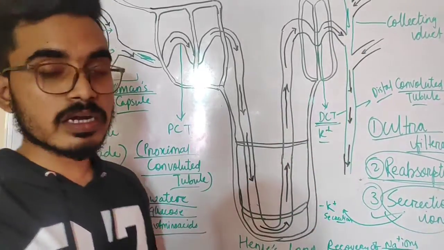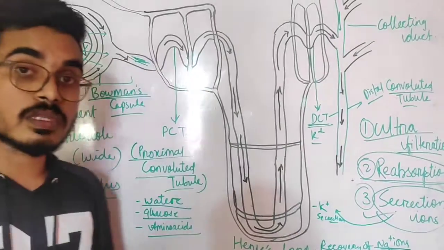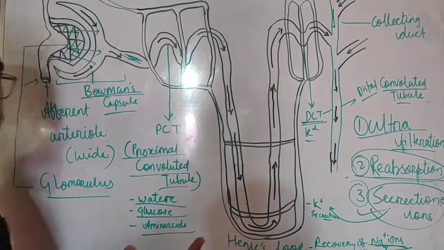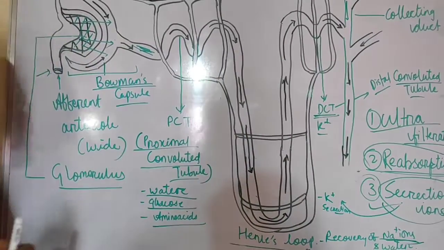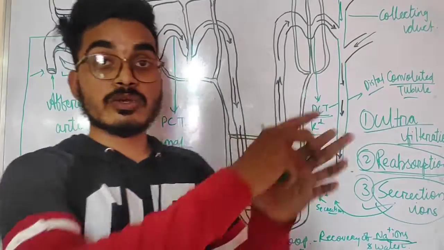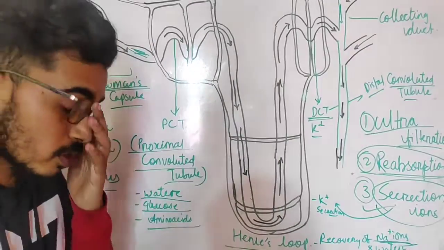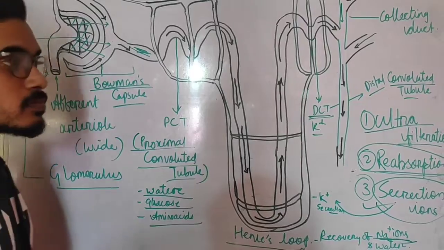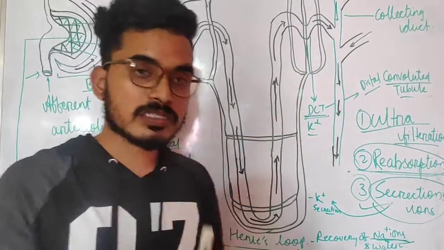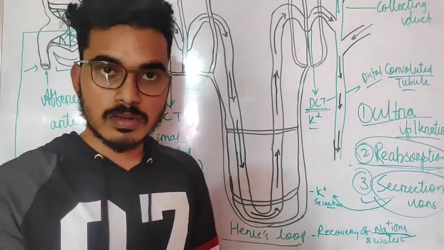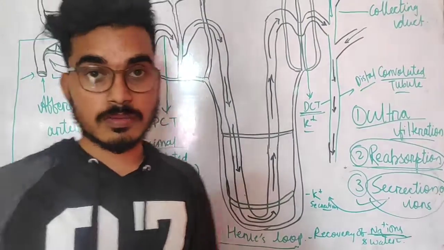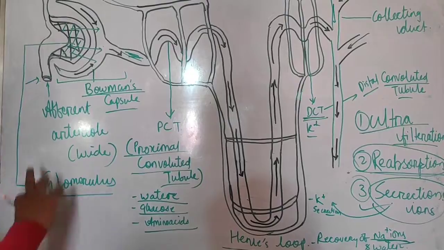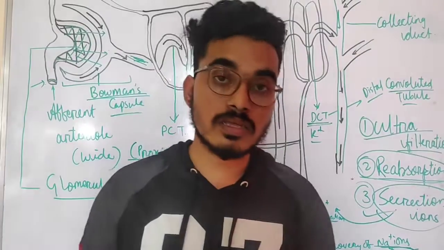This collecting duct is connected to the pair of ureters, as we have discussed earlier. From the ureter it passes to the urinary bladder, then outside through the urethra. So this was all about excretion in human beings.